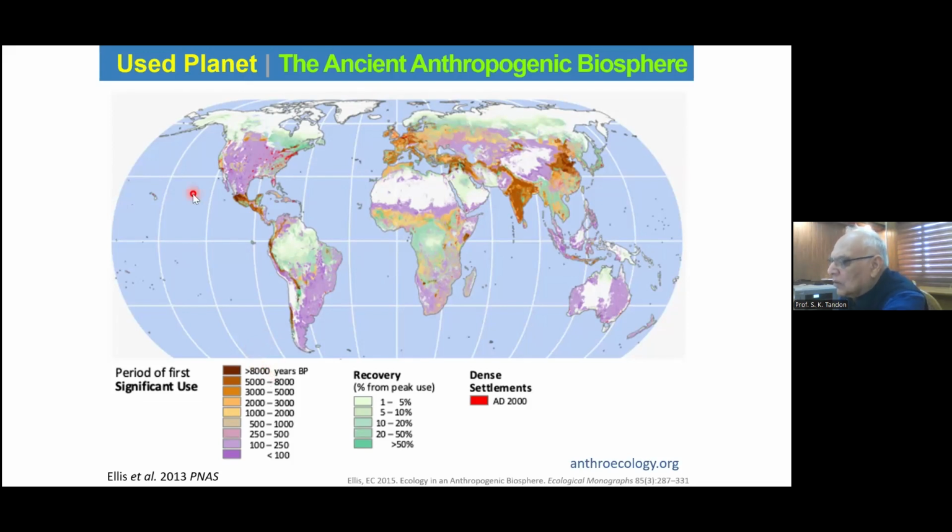That is in black color, and you won't find too much of that color. But let's focus a little on India, because we have ancient civilizations. You can see these brown colors over here, 5,000 to 8,000, 3,000 to 5,000, and 2,000 to 3,000. So we have been using our environmental resources for a long time.